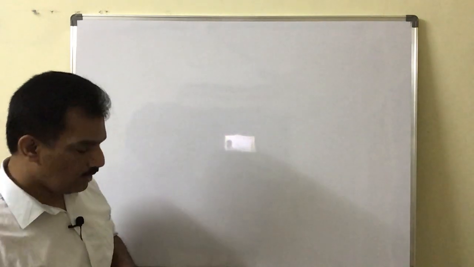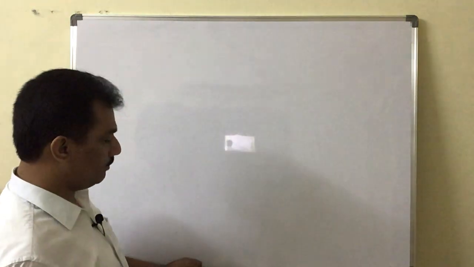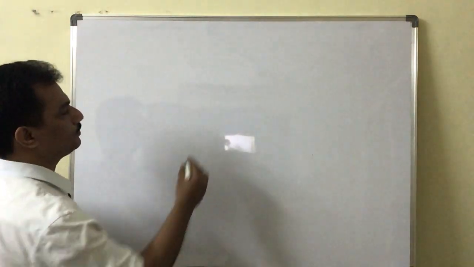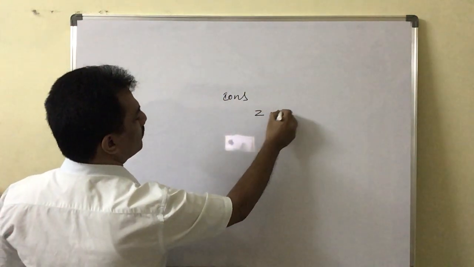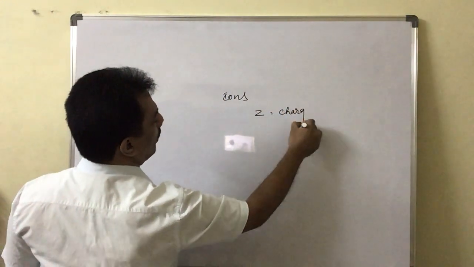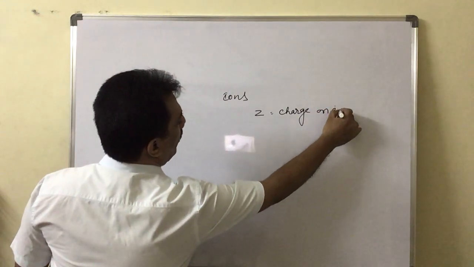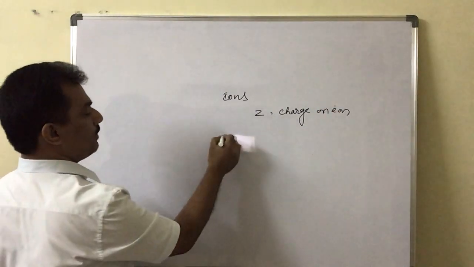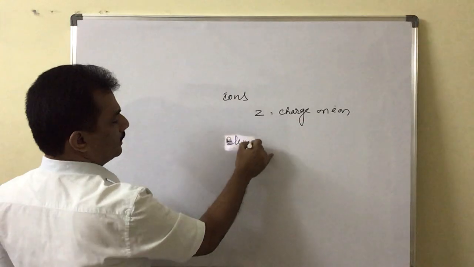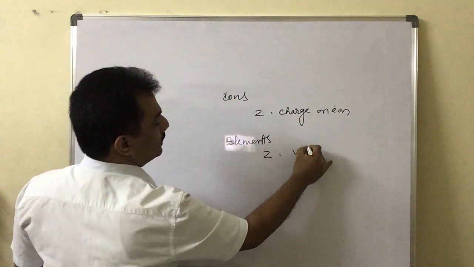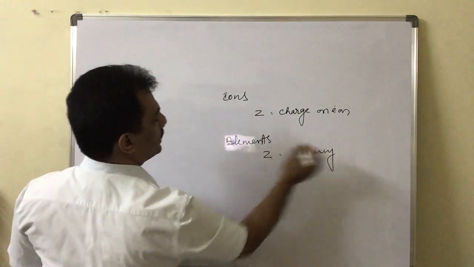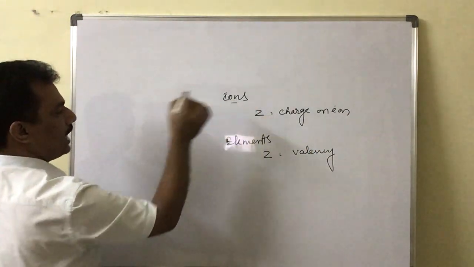And now we have to continue our discussion with ions, where in the case of ions, Z is nothing but the charge on the ion, and in the case of elements, Z is nothing but the valency. Let us first go for the ions.